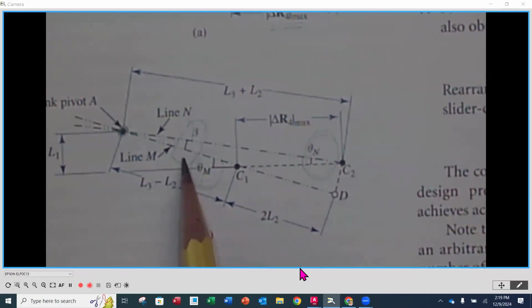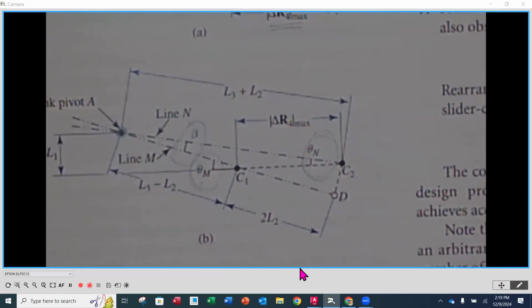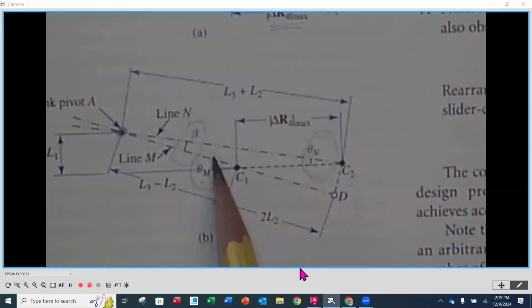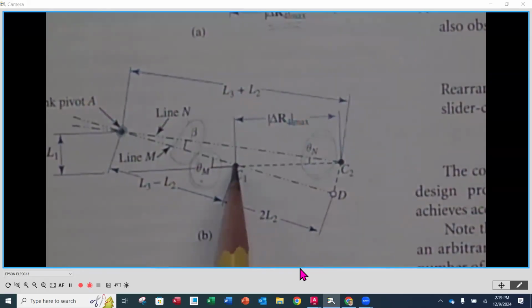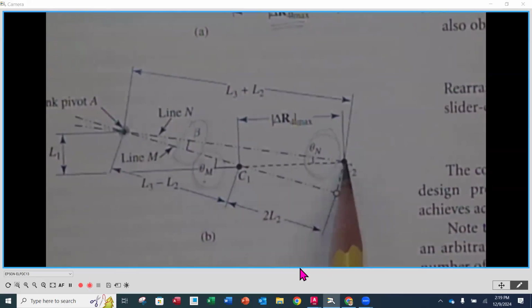Now, to construct beta, if we just try to put our 2 sliders in place for the stroke, and then try to get beta in place, we don't have enough information. So there are two other angles that we need. We need theta m, which is the angle from the horizontal to AC1, and theta n, which is the angle from the horizontal to AC2.